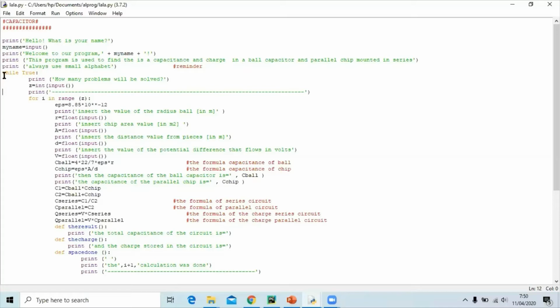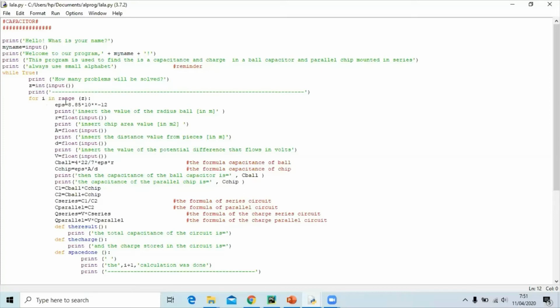First, I use a loop, while true, and then I print how many problems will be solved. You can put 1, 2, 3 or so on over here, and then I use a loop for this.